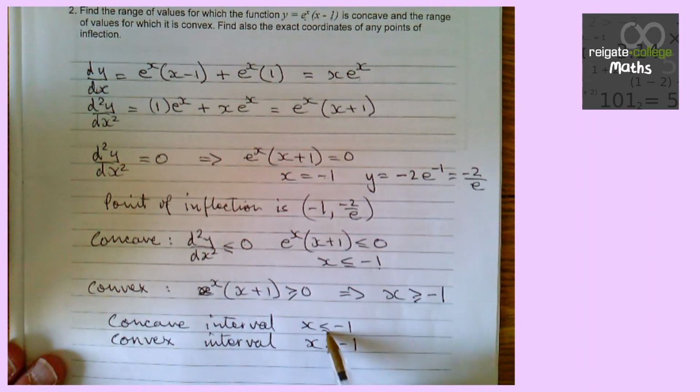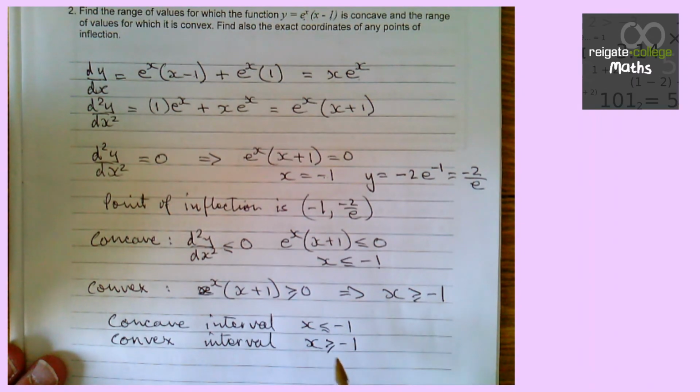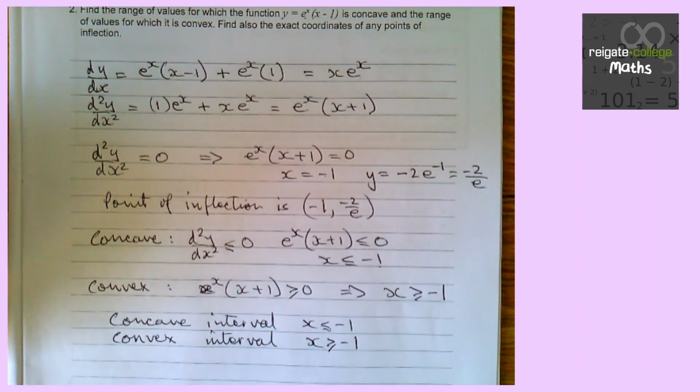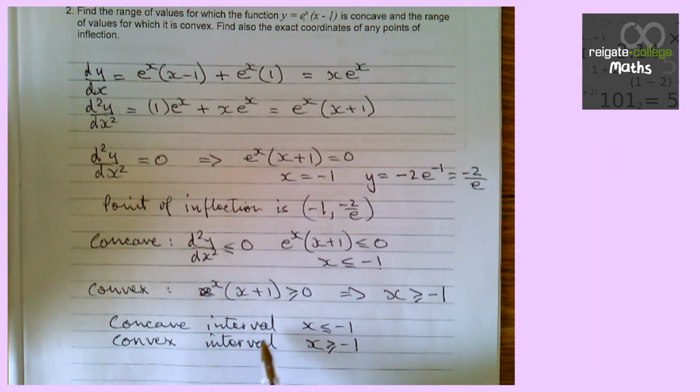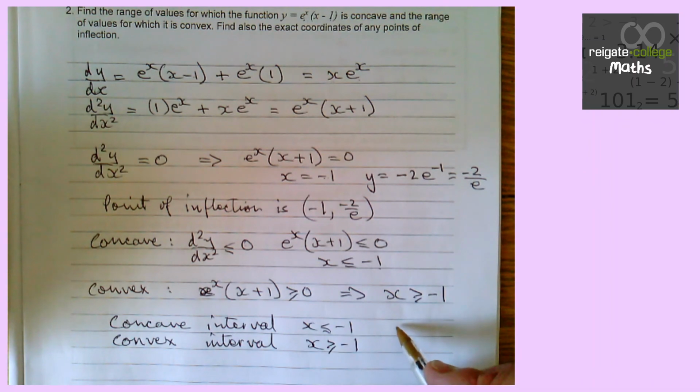Just a quick note on the less than or equal to. What we've done here is we've followed the textbook we use, which defines concave and convex using or equal to rather than strict inequalities. You might say that this means that at x equals minus 1 the curve is both concave and convex, and that does feel a bit odd.